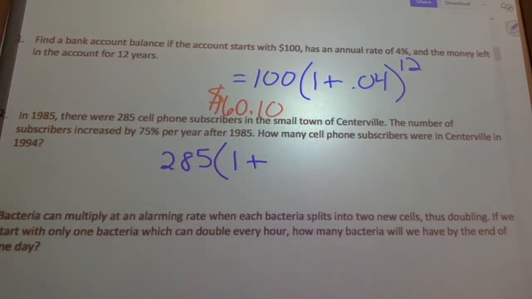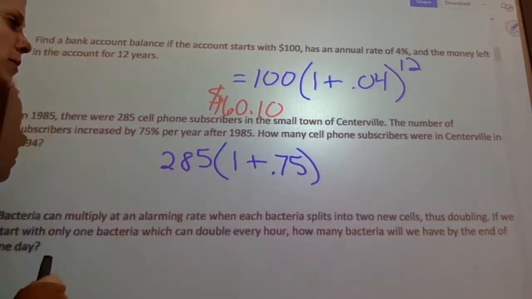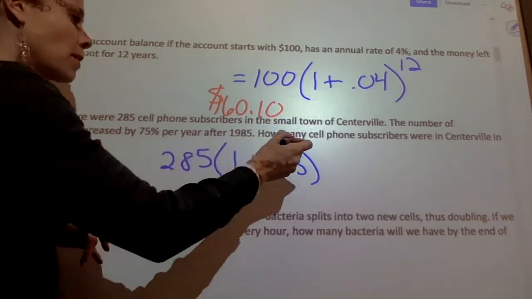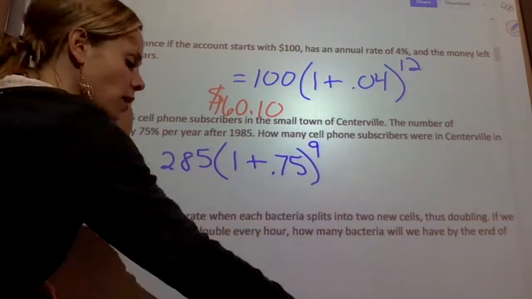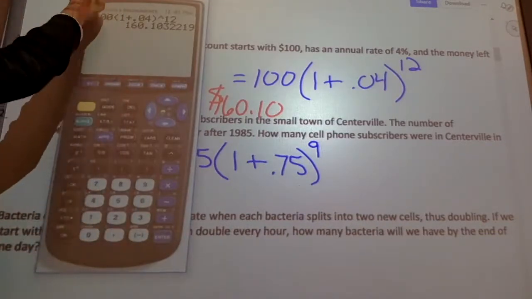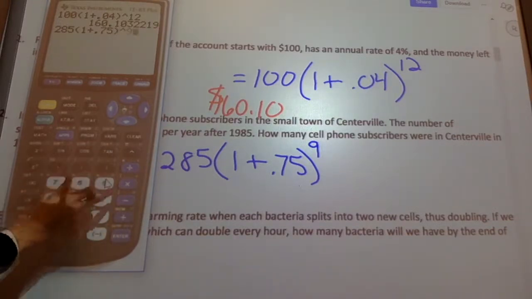And I'm increasing by how much? 0.75, 75%. Now I need to know how many years went by from 85 to 94. 9 years. So again, you take your calculator, you're going to plug that in. So 285, 1 plus 0.75 to the 9.